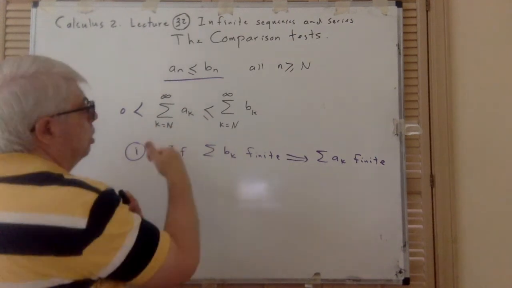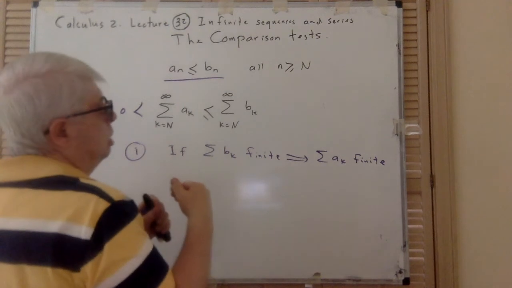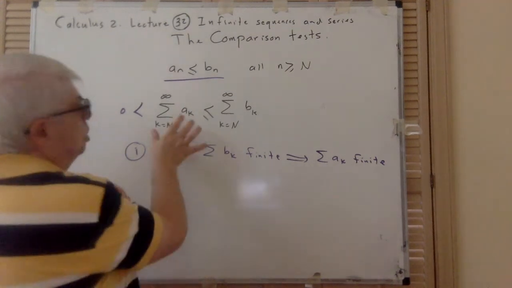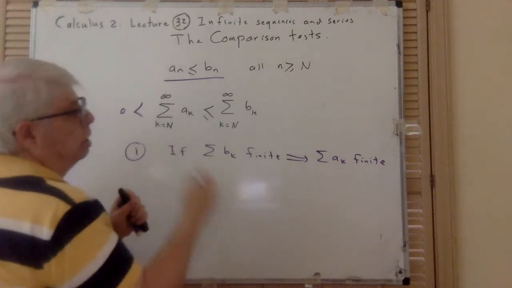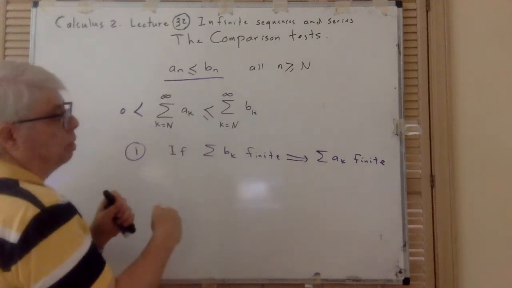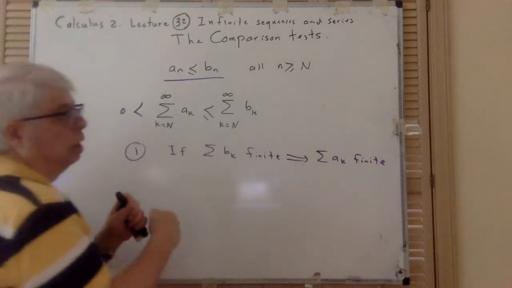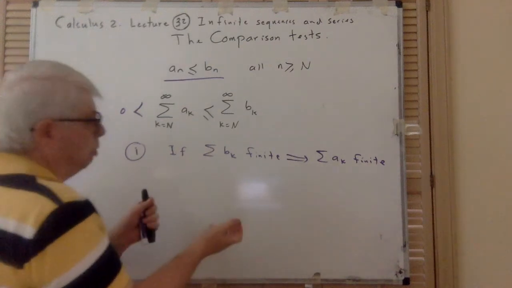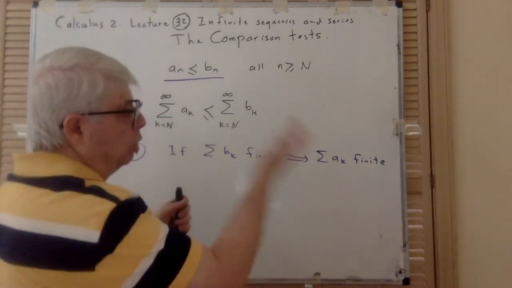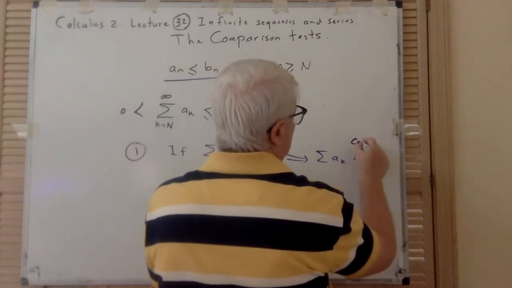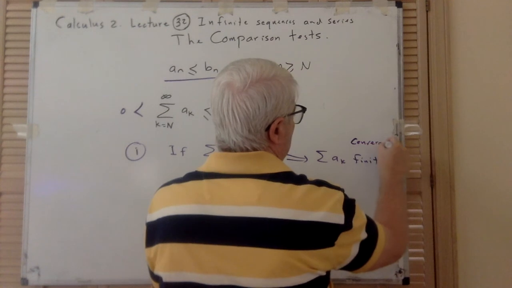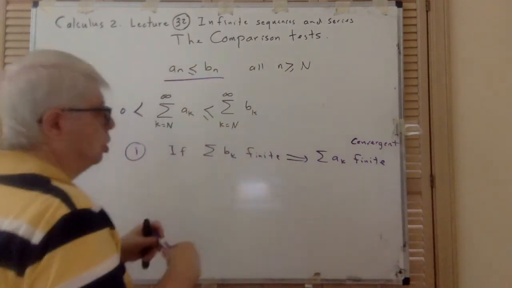Therefore, by the monotone convergence theorem, it has a limit. It has a limit means that it is finite, or let's say it is convergent.